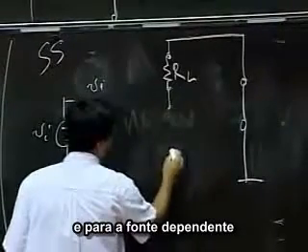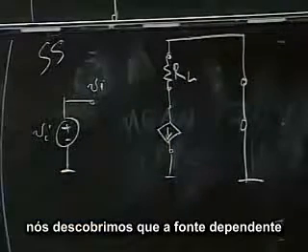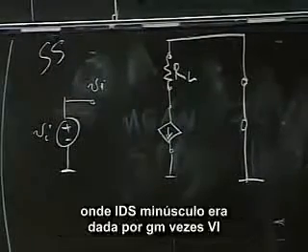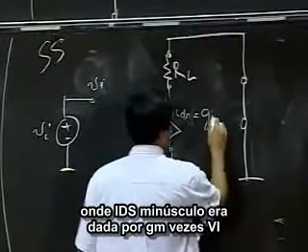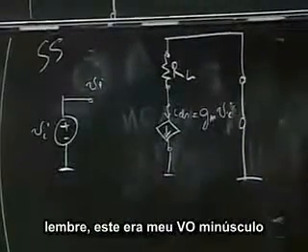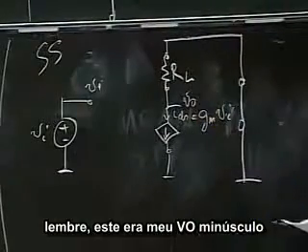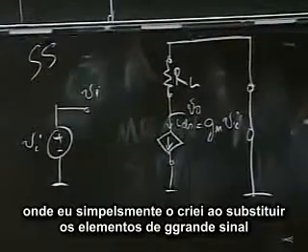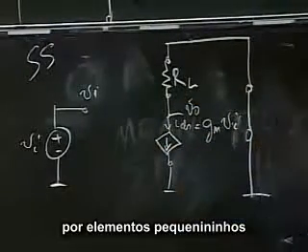And for the dependent source, we discovered that it was a linear dependent source where small ids was given by gm vi. And remember, this was my small vo. So here you go. I have a small signal circuit where I've simply replaced each of the big elements by little rinky-dink elements.